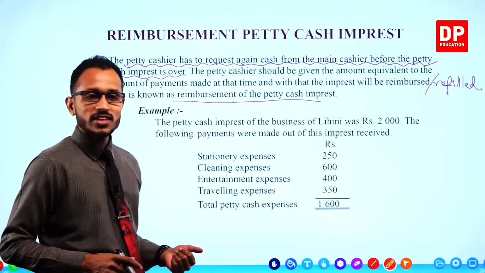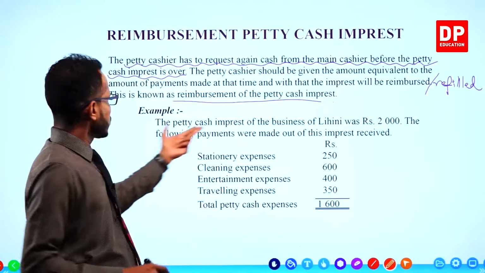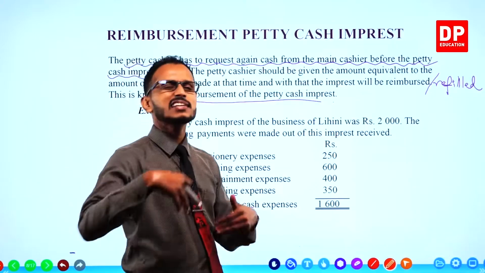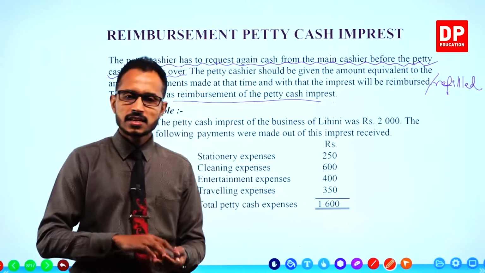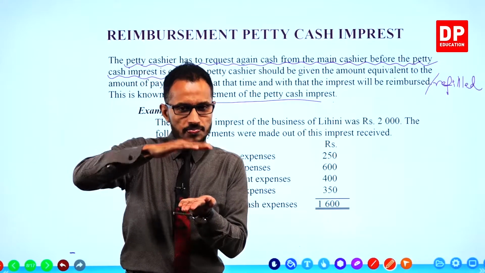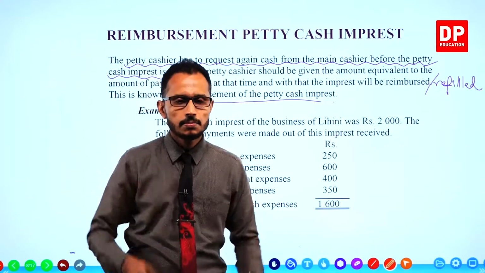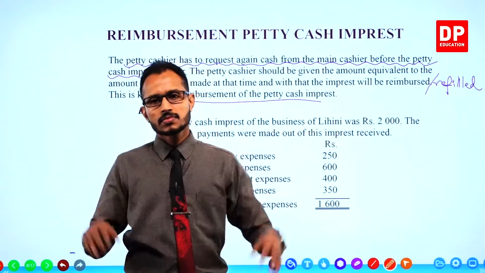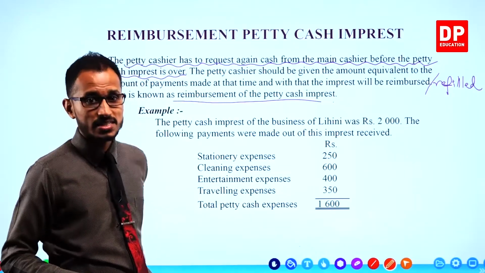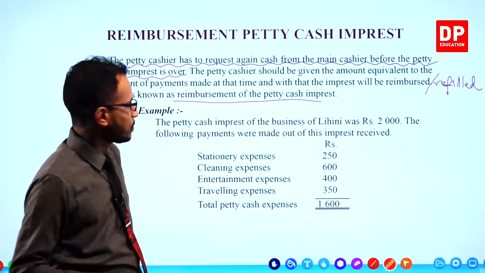The reimbursement of the petty cash imprest. It's like refilling, nothing serious. It's like refilling something that was used gradually and decreased gradually with time at the end of the month. Refilling the imprest is called reimbursement of the petty cash imprest.